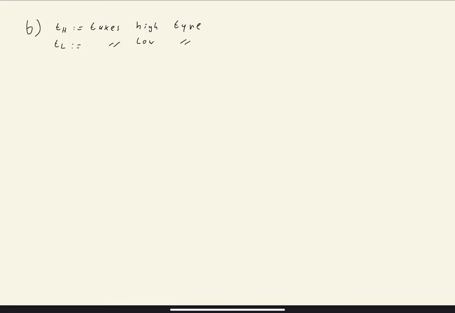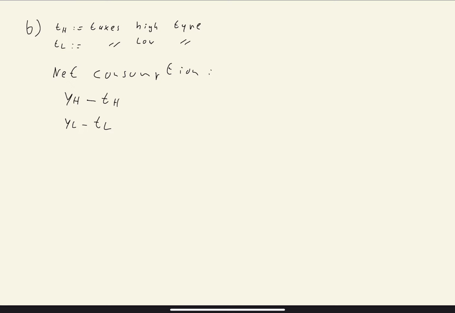So for high types, net consumption would be given by YH, the income generated by high types, minus TH. And the same thing for low types, YL minus TL. So this is income for each of the types minus the taxes which we impose.